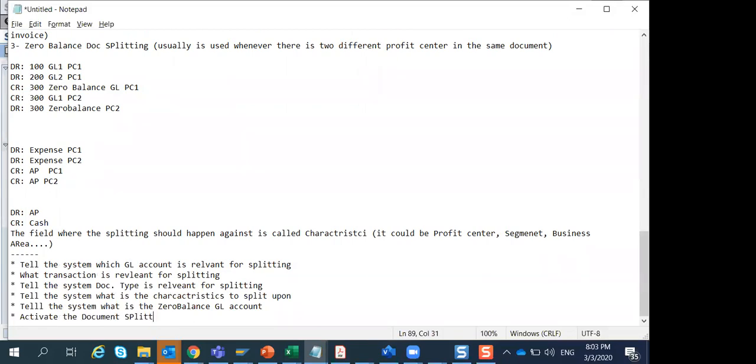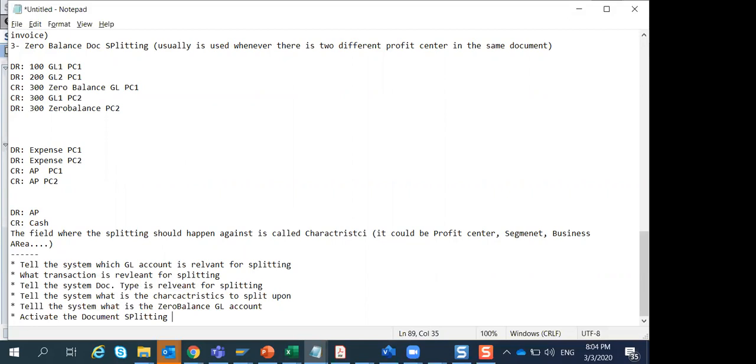And guess what? As part of our GL configuration, we had one piece where we deactivated the document splitting in our company code. If you deactivated it in your company code, you need to go and activate it, otherwise it's not going to work for you.